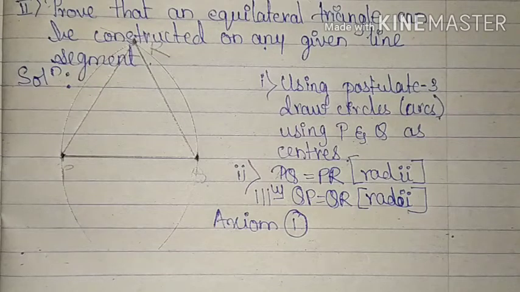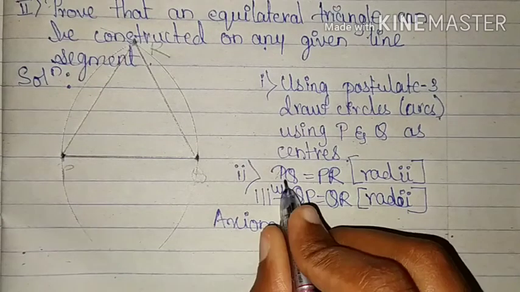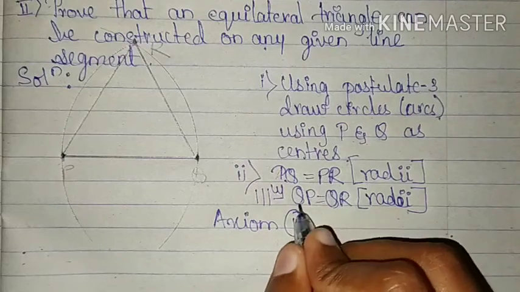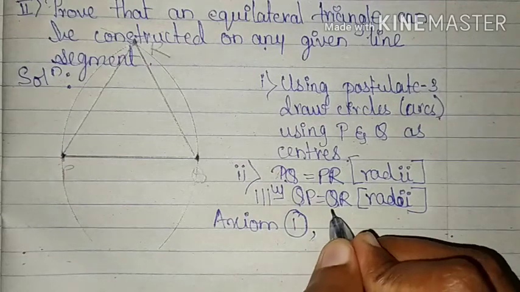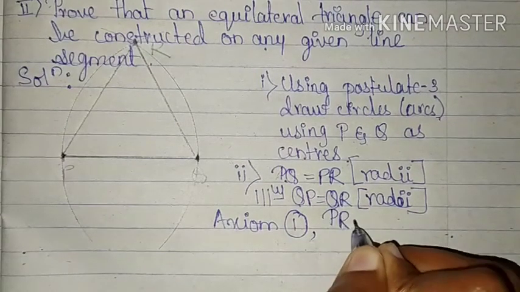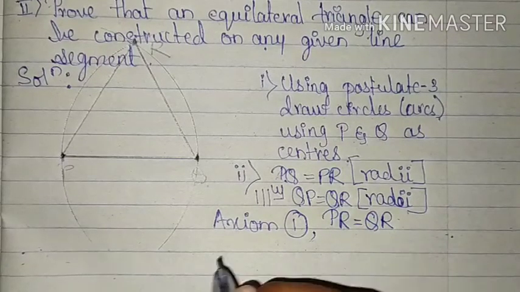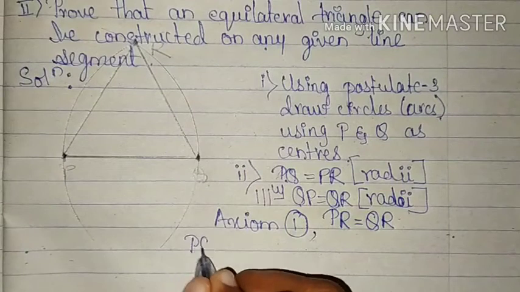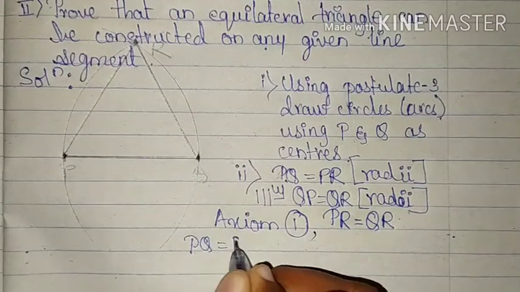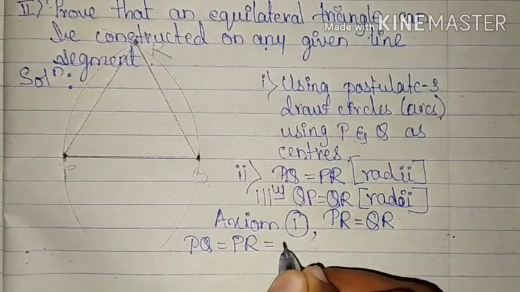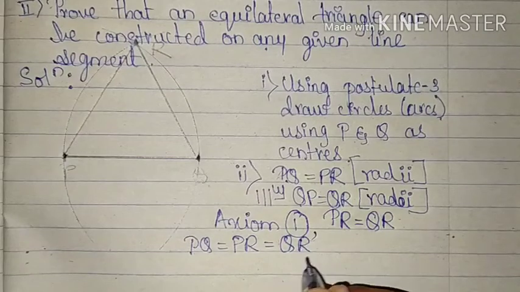That is the first axiom here. Since PQ is equal to PR and PQ is equal to QR, I can confidently say that PR is equal to QR. So now we have PQ is equal to PR is equal to QR.